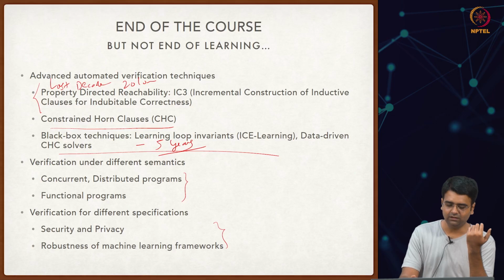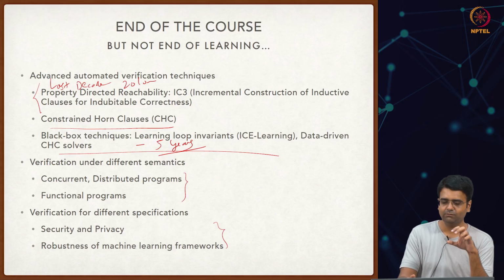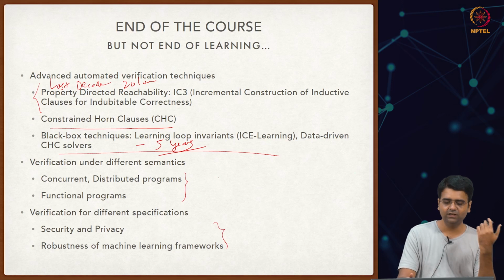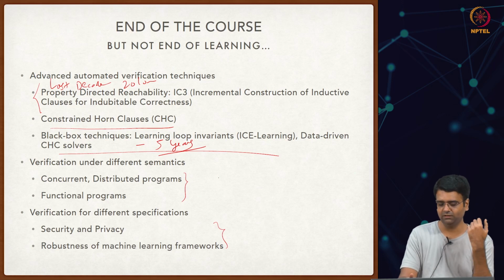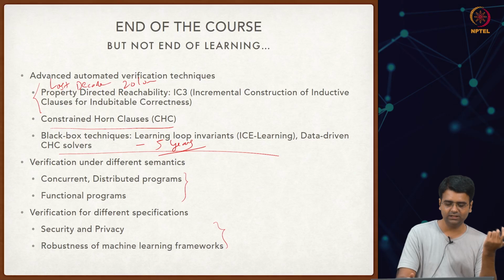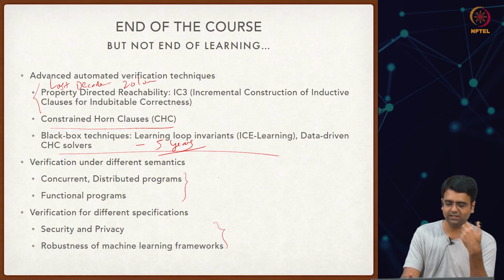We are not just interested that the program runs correctly, but that it runs correctly in spite of adversarial attacks, or in spite of someone actively trying to mess with the program. So in the presence of such elements, is the program still guaranteed to run correctly? These are the concerns about security and privacy.